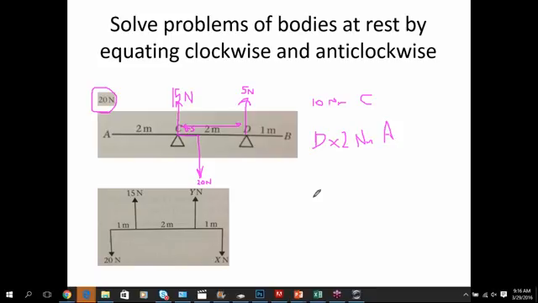Now, start from here. This force is here, and that force is there. So some are clockwise, some are anti-clockwise. Take the distance from that point: force times distance, force times distance, force times distance, and know whether it's anti-clockwise or clockwise.